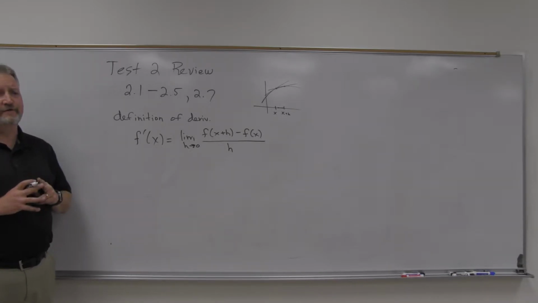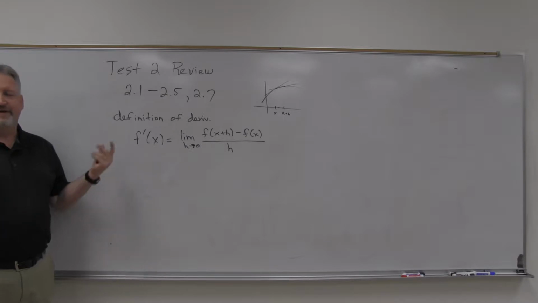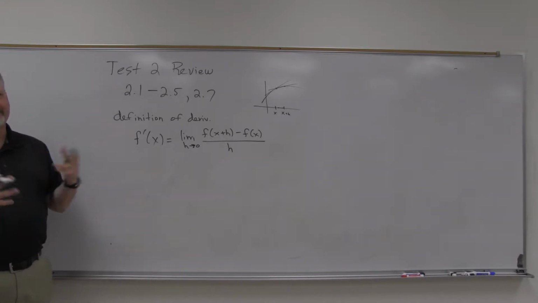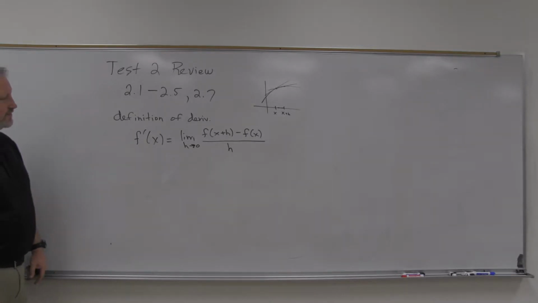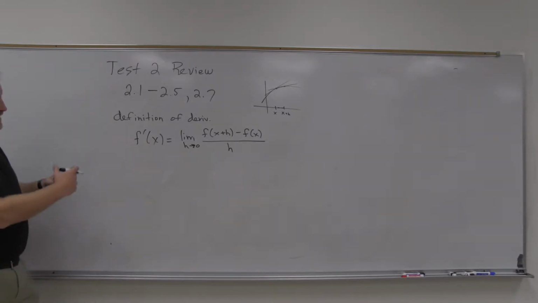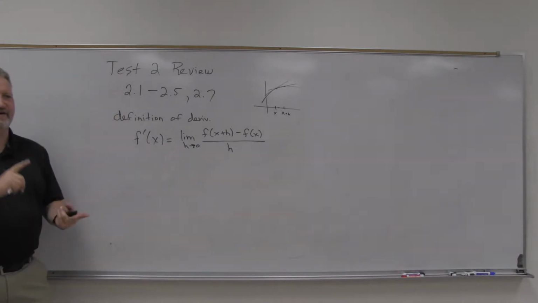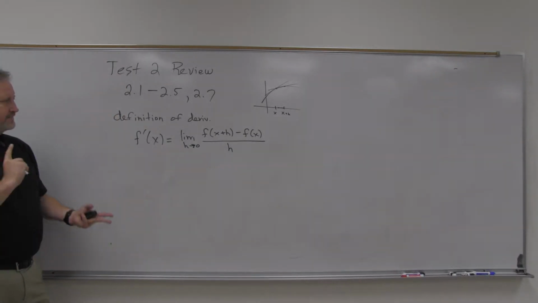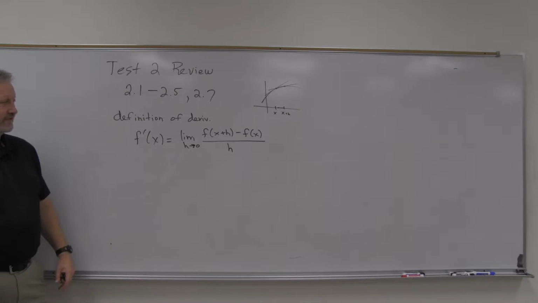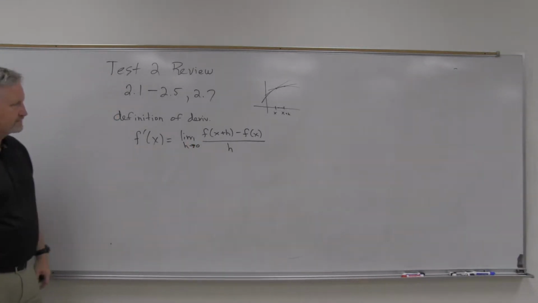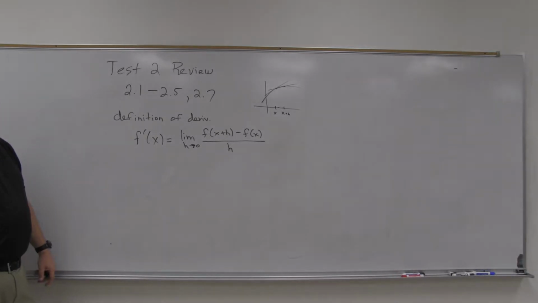Probably the first couple of problems on the test, you're going to use that definition. Thereafter, it's the other rules. You can run into using the conjugate, factoring, other things. So a couple of them you'll have to use that definition of derivative. Just be aware of that.